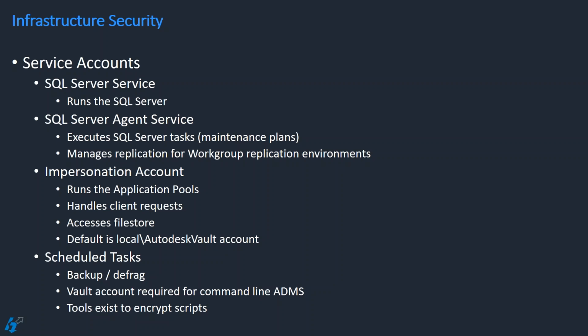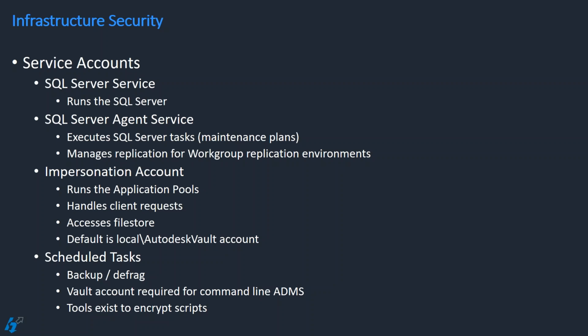So in my mind, if you're talking about potential security holes for Vault, the biggest hole is that for a backup script, any script that calls the ADMS console from the command line to run a backup or a defrag requires an administrator account, and those credentials have to be stored in plain text in that script. That's currently something that is not encrypted.